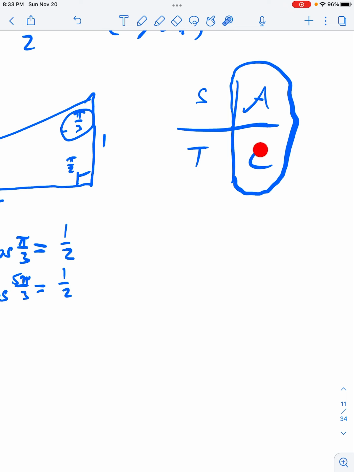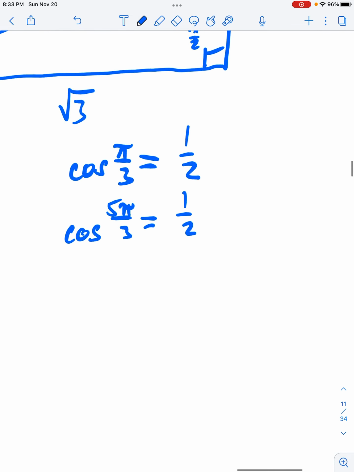The quadrant 4 equivalent of the angle pi over 3 is right here. This angle is 2 pi minus pi over 3, which is 5 pi over 3. So cosine of 5 pi over 3 is equal to 1/2.